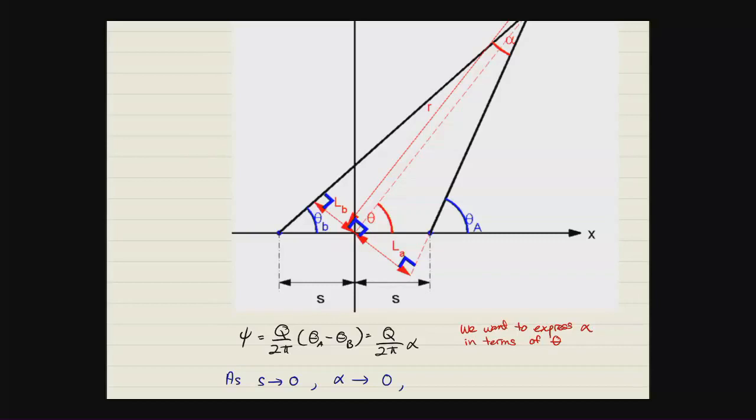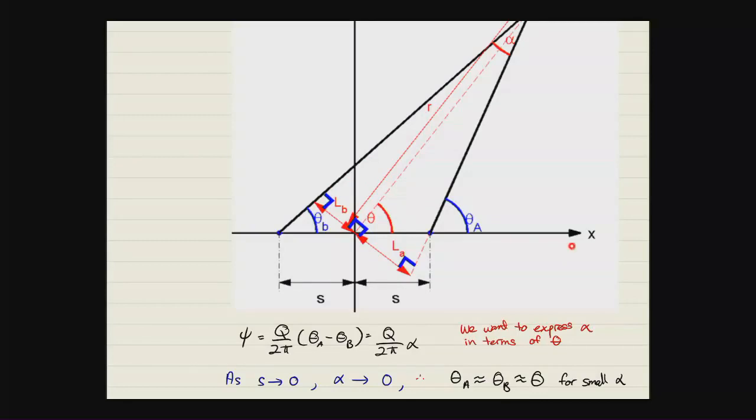Therefore, we can say that theta A is approximately equal to theta B, which is approximately equal to theta. Everyone follow? Basically, these three lines here are all going to be parallel to each other as s approaches 0.